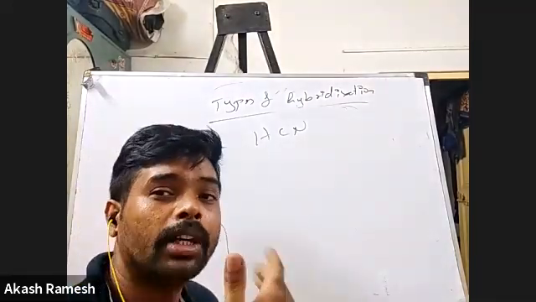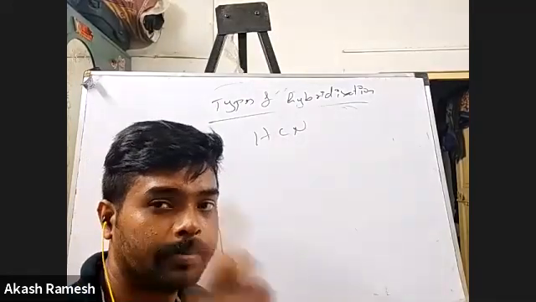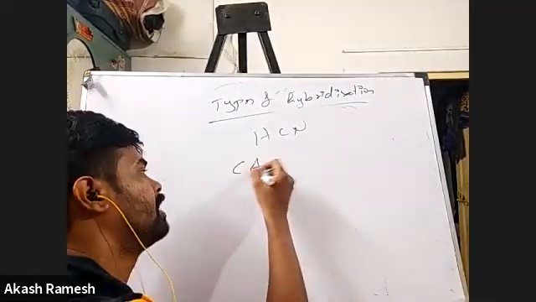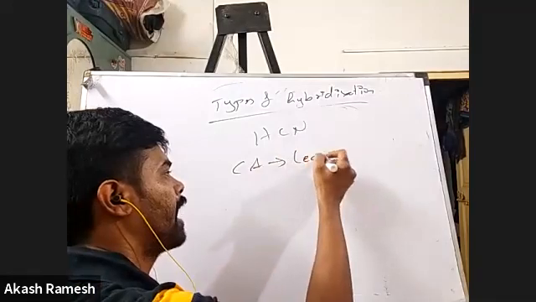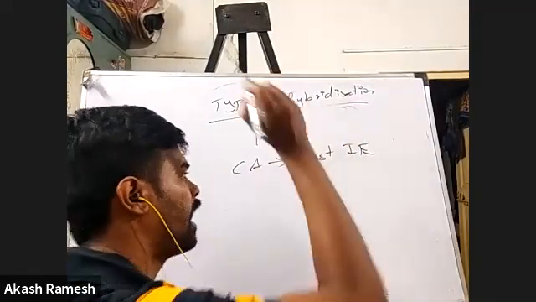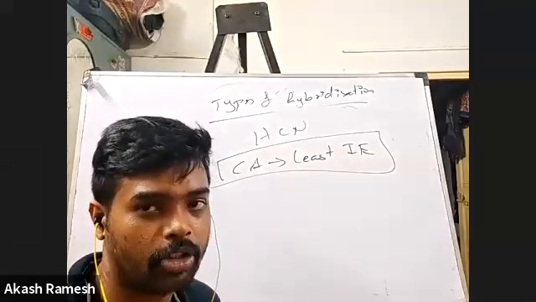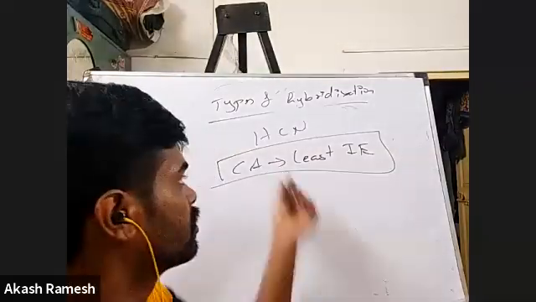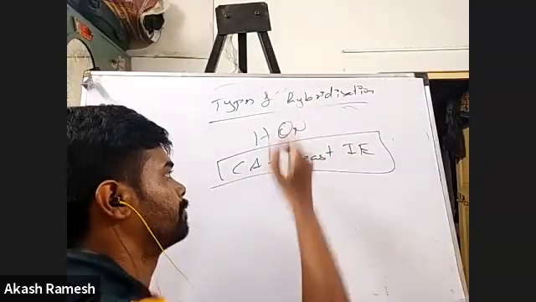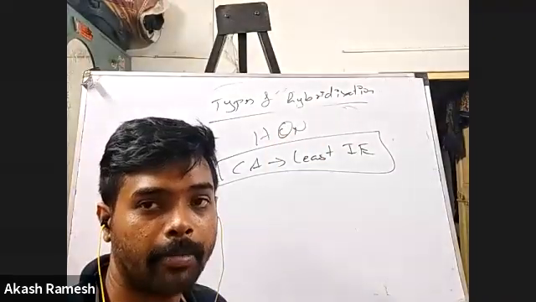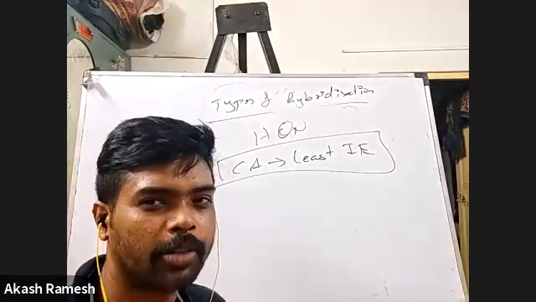Now this is the rule which you have to follow. The central atom is the one which should have the least ionization enthalpy or ionization energy. So in this case, carbon will be the central atom, but you will not face all these problems.